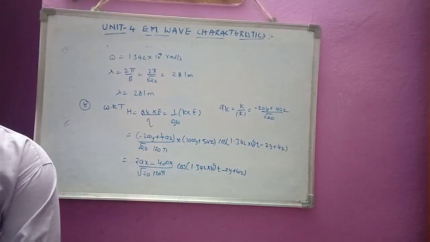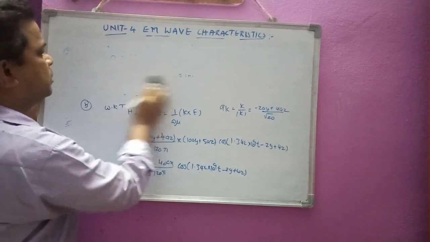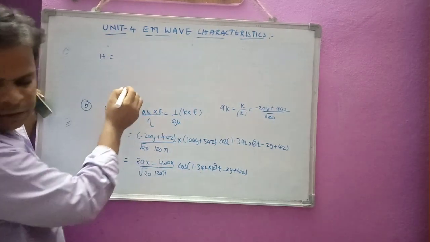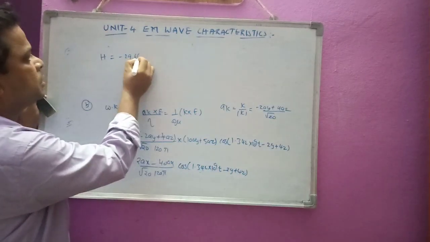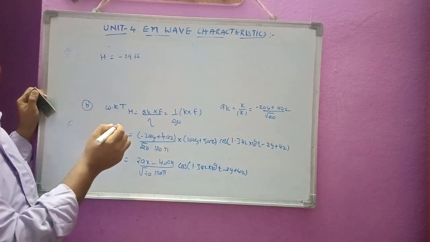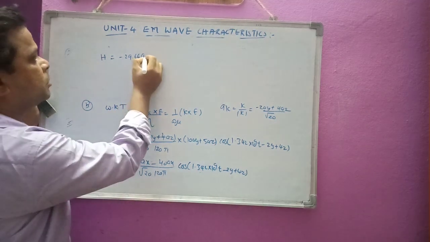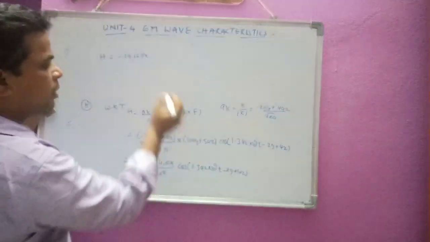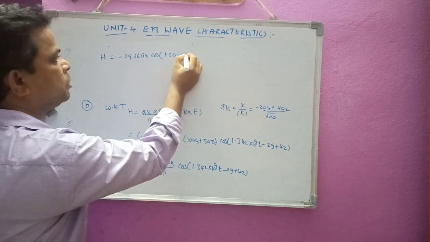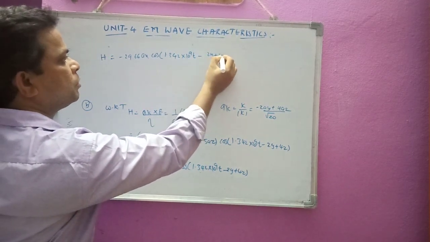And after doing the calculations, you have to write the values in the form of H. I will erase this here. I can write the value here as H is equal to minus 29.66 AX cos of omega t, cos of 1.342 into 10 to the power of 9 t minus 2y plus 4z.